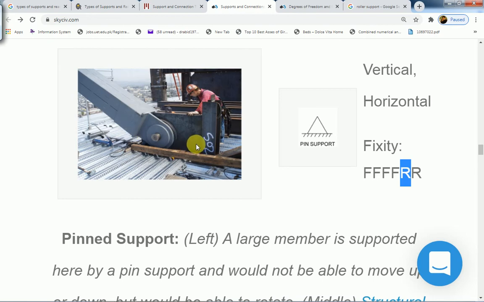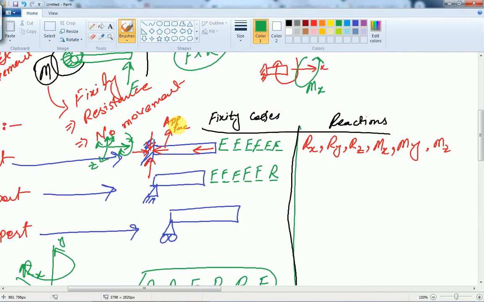So if there is a force on this pin in x axis, then this support will surely react in x axis. There will surely be a reaction in x-axis.